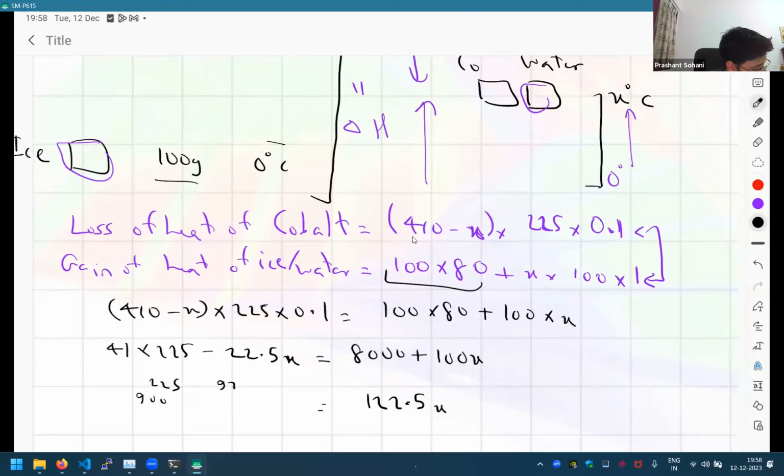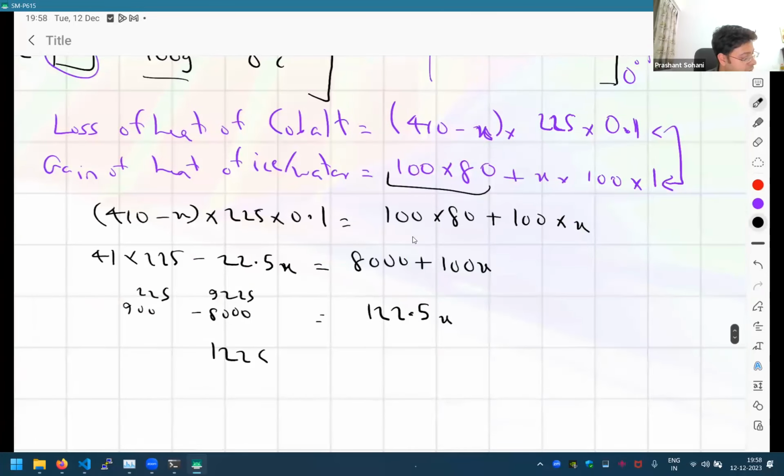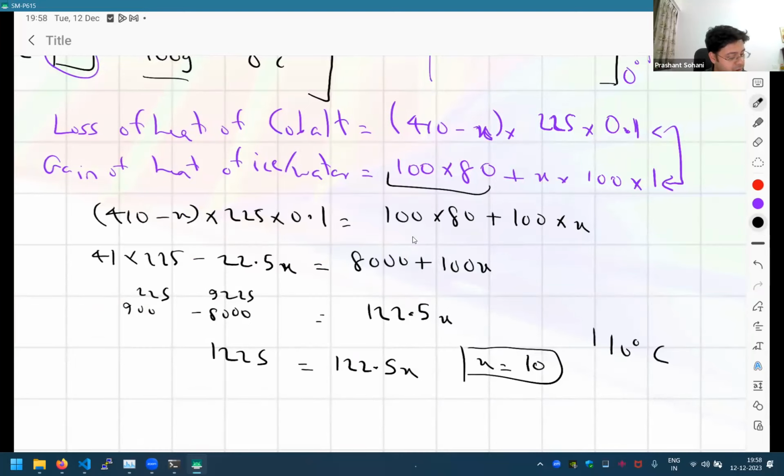So 9225 minus 8000. You see again how the numbers are nicely aligned. On the left hand side, I'm getting 1225 is equal to 122.5x. Therefore, x is 10, right? So basically at 10 degrees Celsius, the system is going to reach the equilibrium.